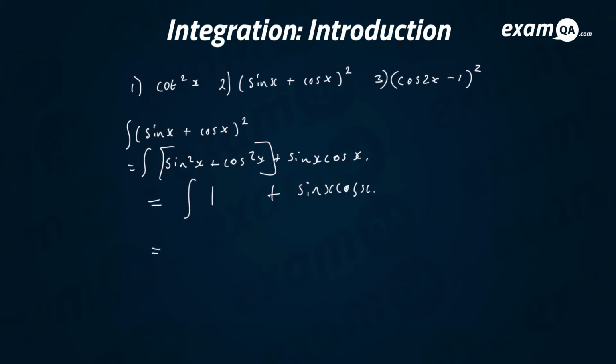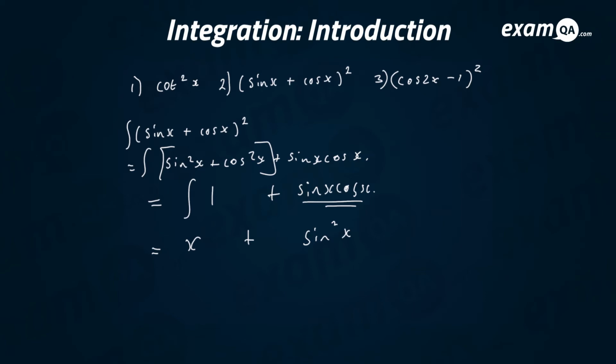The integral of this would be x plus, here's the tricky bit. Where did that come from? This is another reverse chain rule. You kind of have to do a lot of questions to get the gist of this, but can you tell that this technically came from sine squared x?